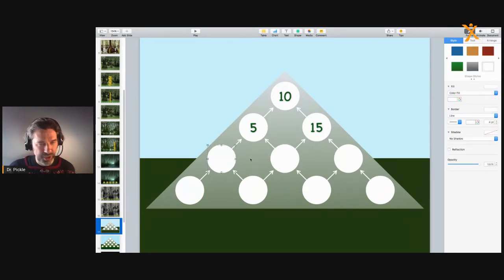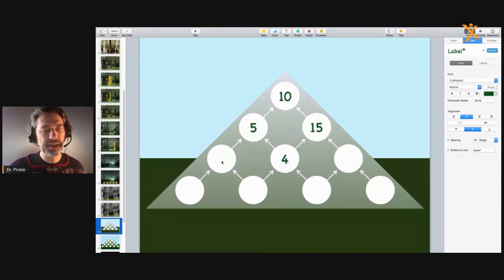I need two numbers to go on either side of the 5. So we're going to put a 4 here.